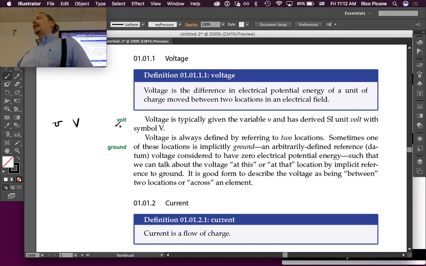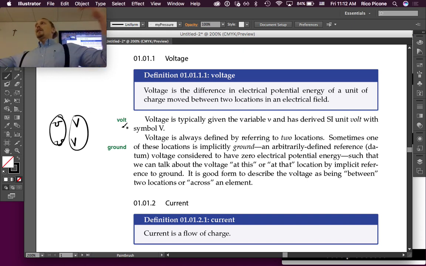So we try to use little v for voltage and big V for the unit volt.